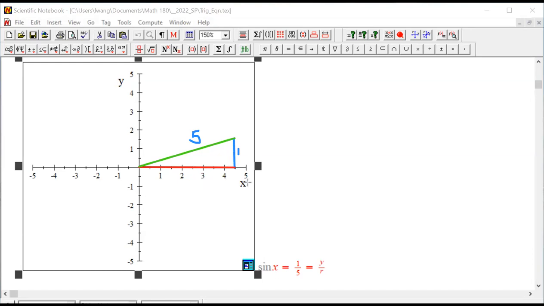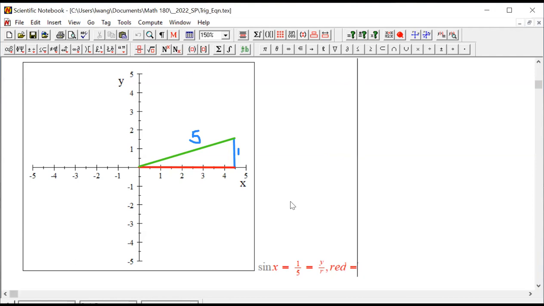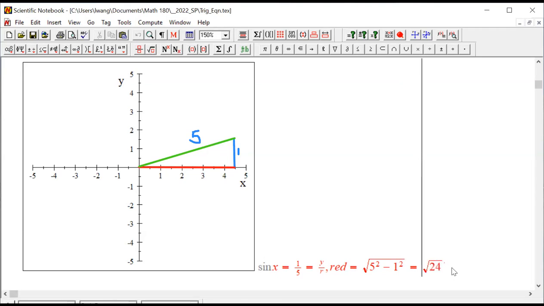We don't really need it, but just for the sake of practicing, the red piece should equal, by the Pythagorean theorem, 5 squared minus 1 squared, which equals root 24. Root 24, 24 is 4 times 6, so it's 2 times root 6.